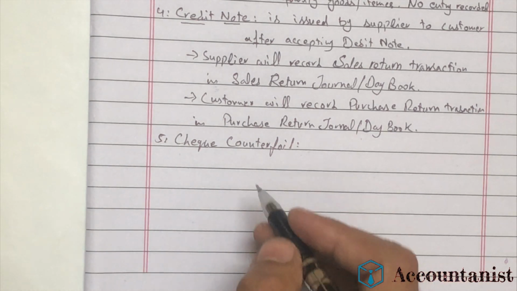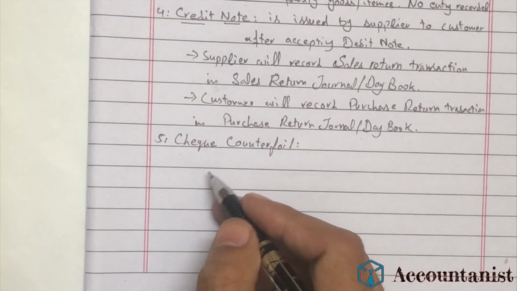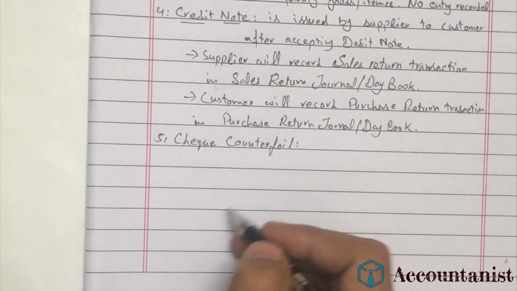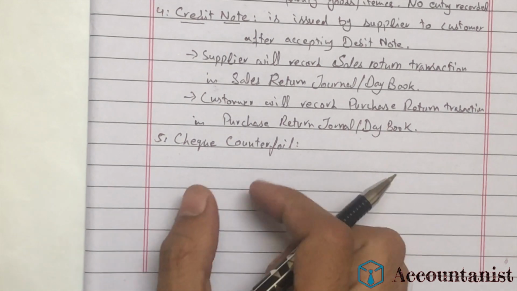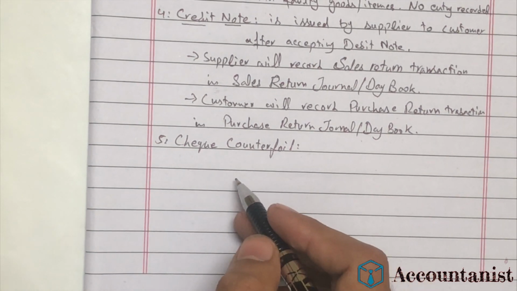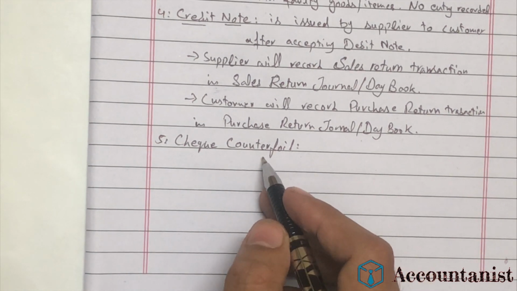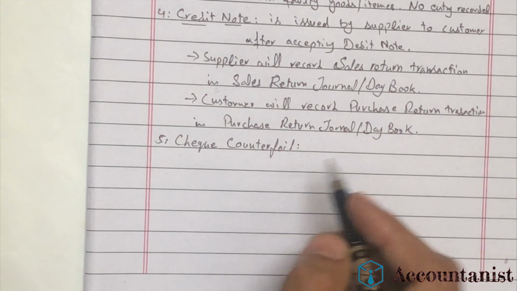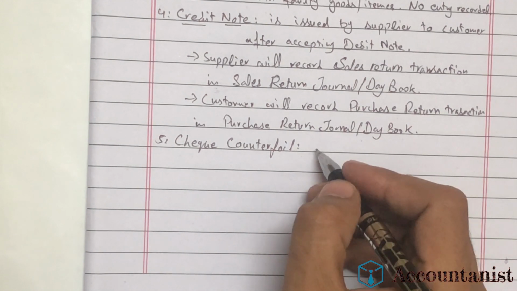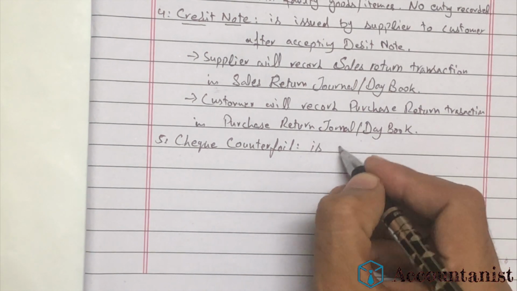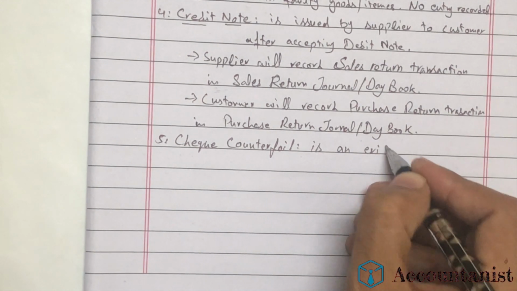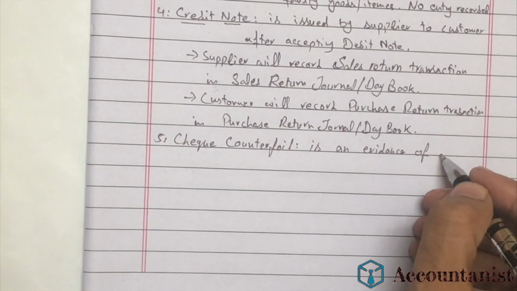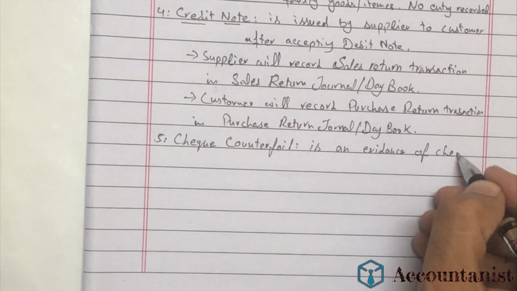If we have seen a chequebook, there is a small piece of paper that is left with the chequebook. That's called the cheque counterfoil. What is it for? It's an evidence of cheque payment.